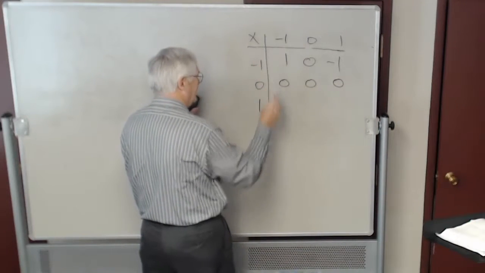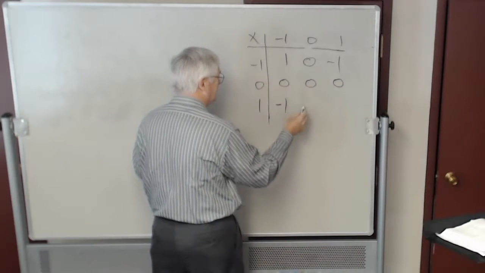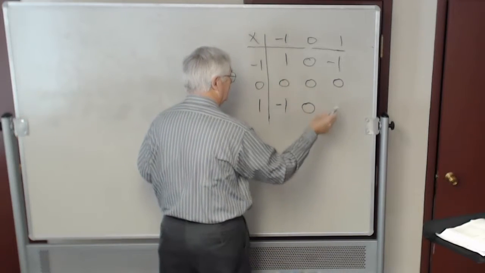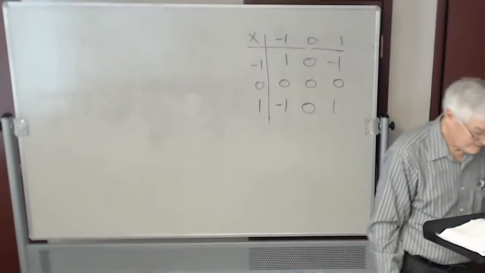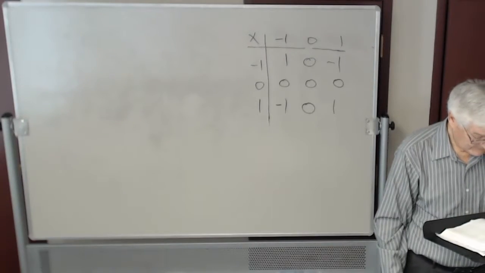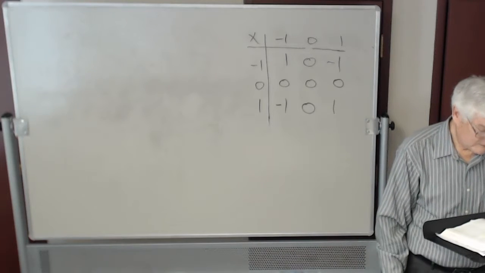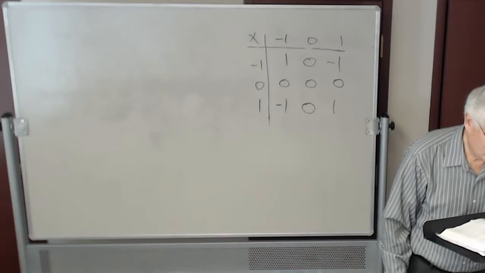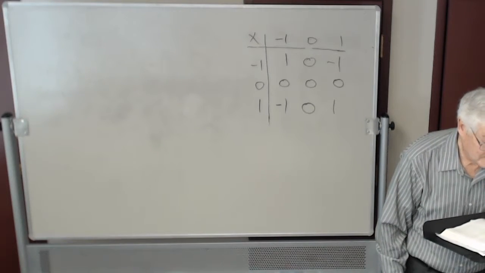What's 1 times -1? -1. What's 1 times 0? 0. What's 1 times 1? 1. There. Complete the table. We just did. Number 24. Now we've got the picture completed, we can answer the questions.